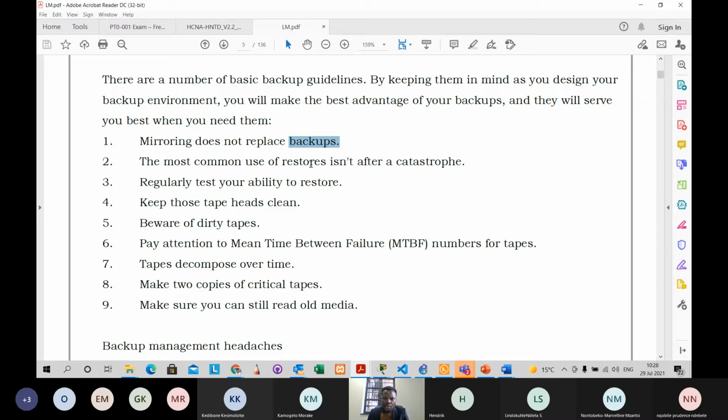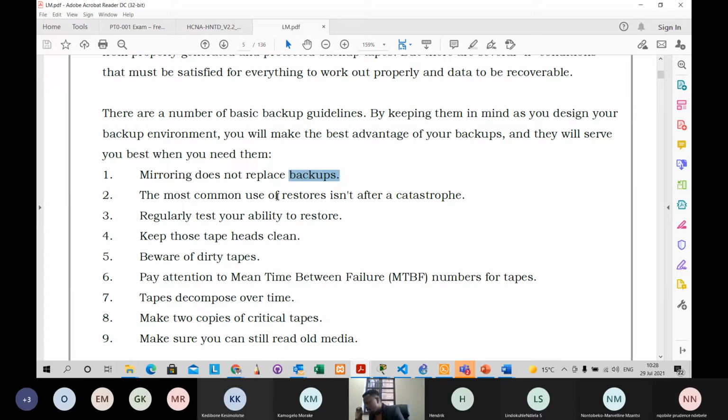The most common use of restores is after a catastrophe, so regularly test your ability to restore. When you are conducting technical support or system support, and you sign an SLA, a service level agreement, with the client, we promise the client 99% service, right? Meaning that the system will be running most of the time. So we try by all means to avoid downtime.